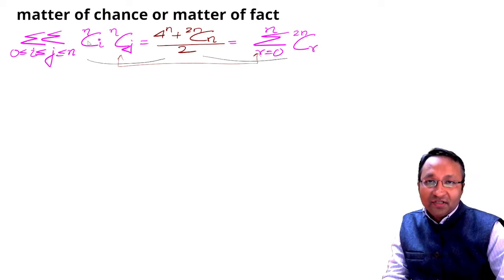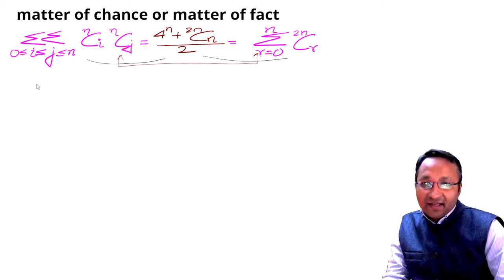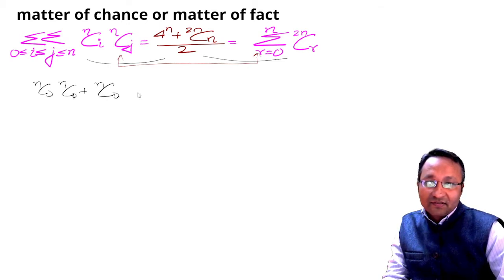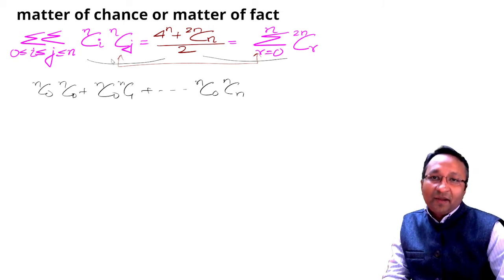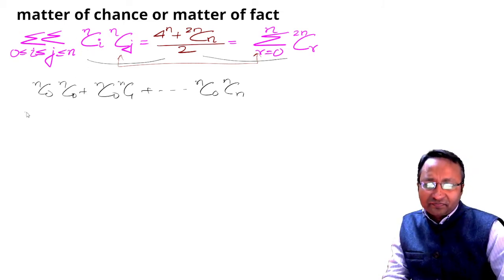knowing the values. In order to prove this, n choose i, n choose j, I first remove the restriction that i is less than or equal to j. That means I take i and j as independent, and I realize that this comes out to be nC0, nC1 plus nC0, nC1 and so on up to nC0, nCn. This is basically I have expanded j keeping i as 0.